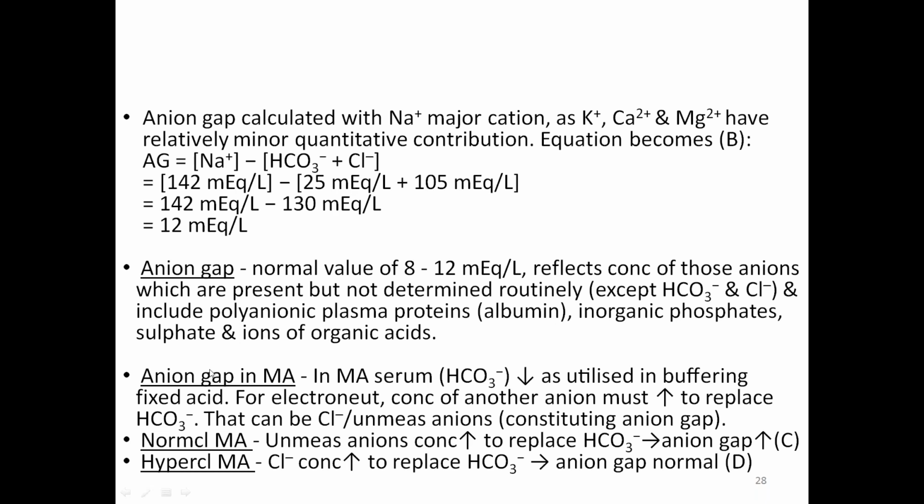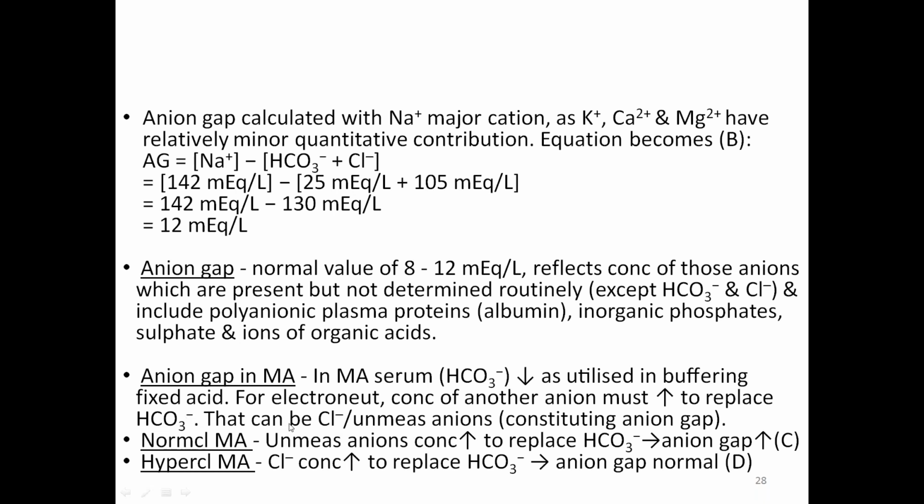Now what is the implication of anion gap in metabolic acidosis? In metabolic acidosis, the serum bicarb decreases as it is utilized in buffering the fixed acid. So for electroneutrality, the concentration of another anion must increase to replace bicarb, don't you think?